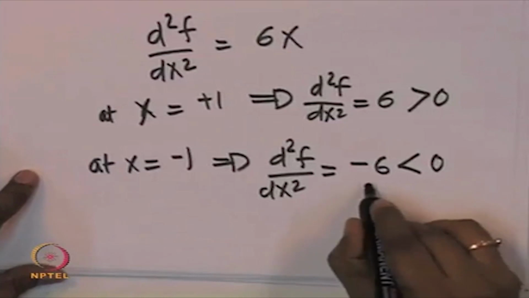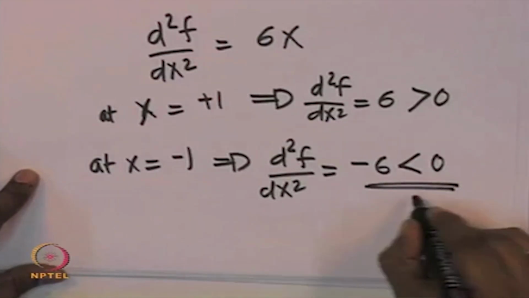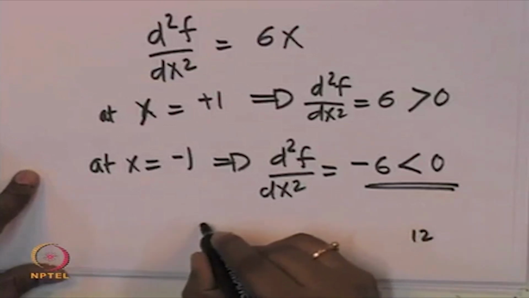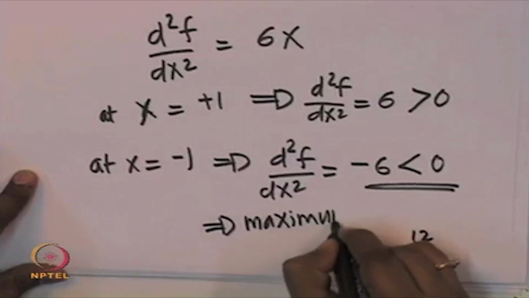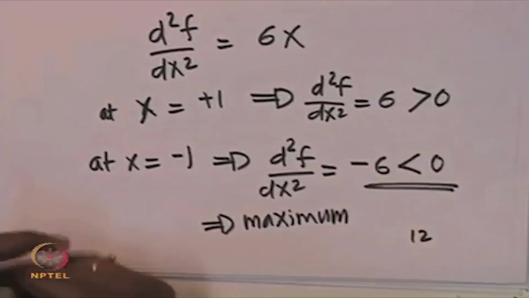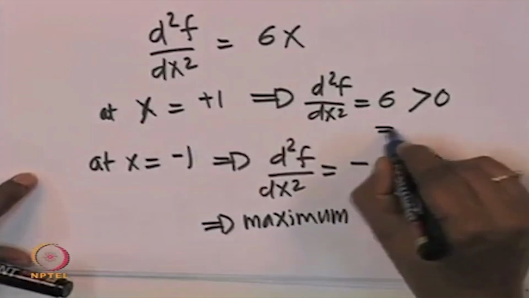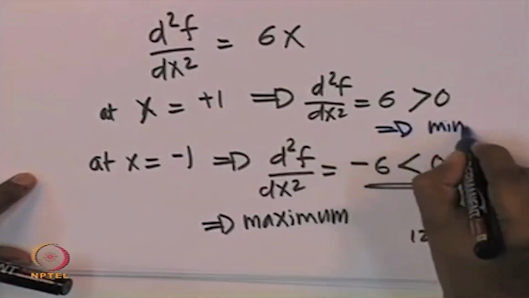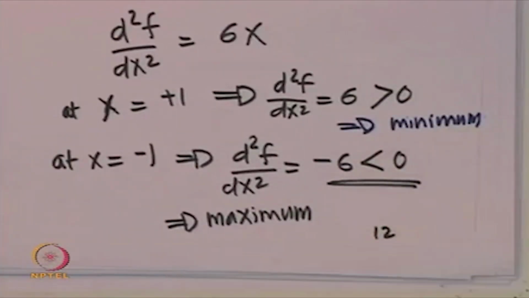If it is less than 0, this would imply that this is a maximum. As we learned, at x equal to plus 1, you have a minimum. So, we have a minimum here and a maximum here.